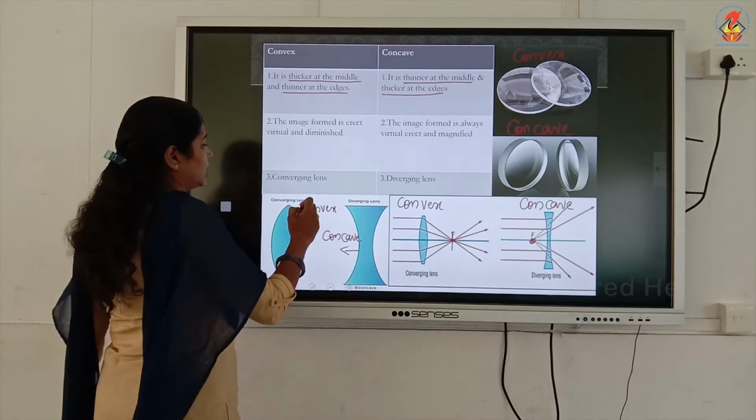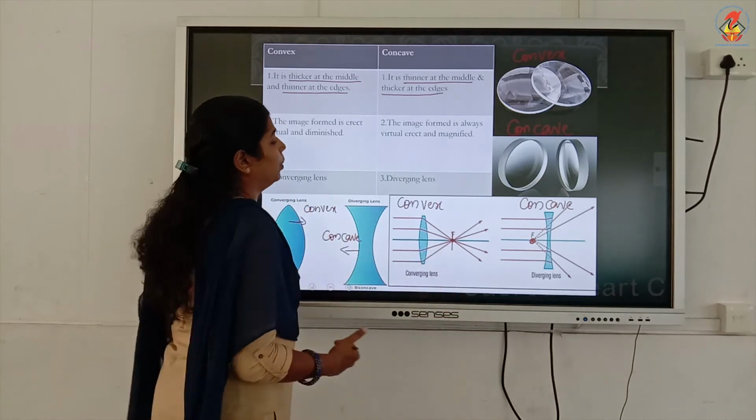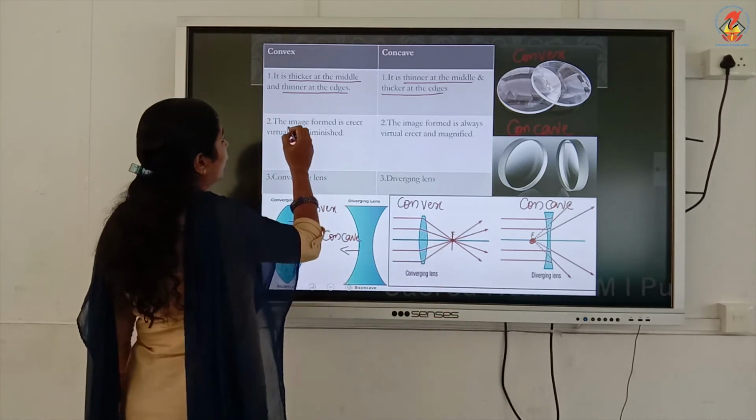Then, what type of image is formed by these lenses?